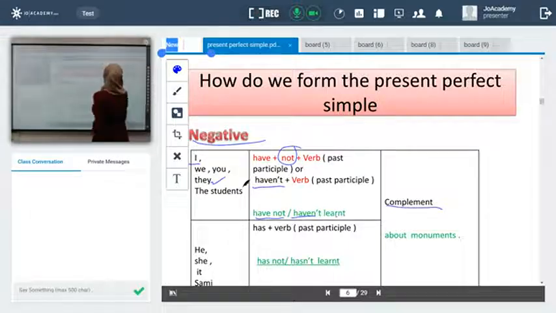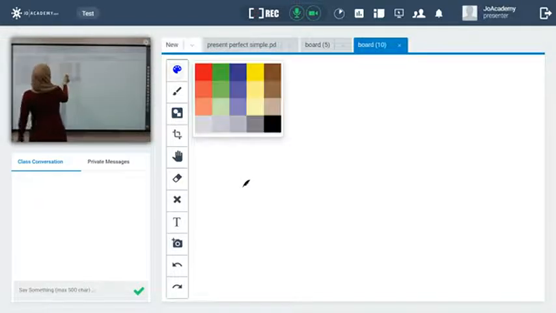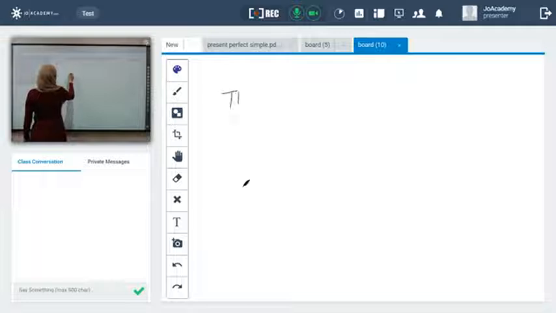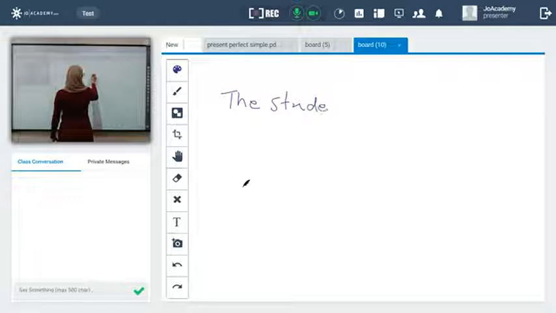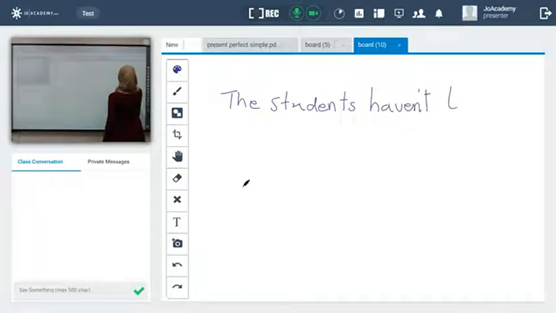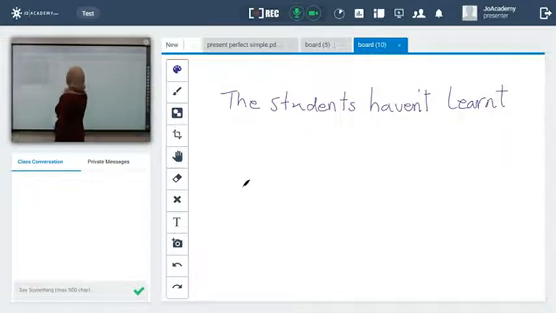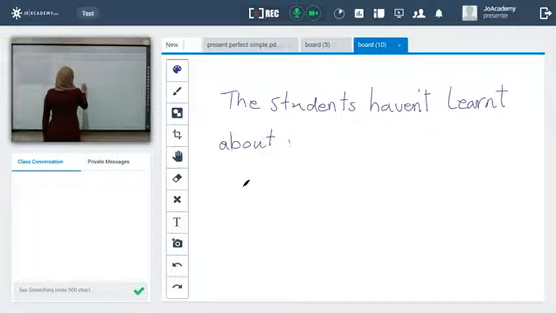So, let's write this sentence here. The students haven't learned about monuments.